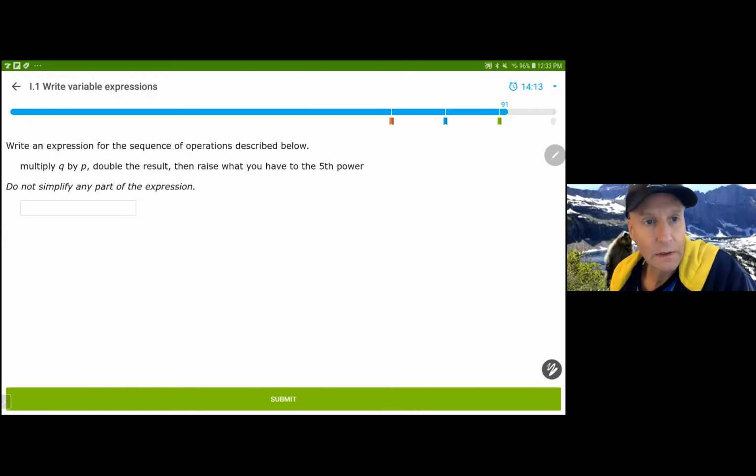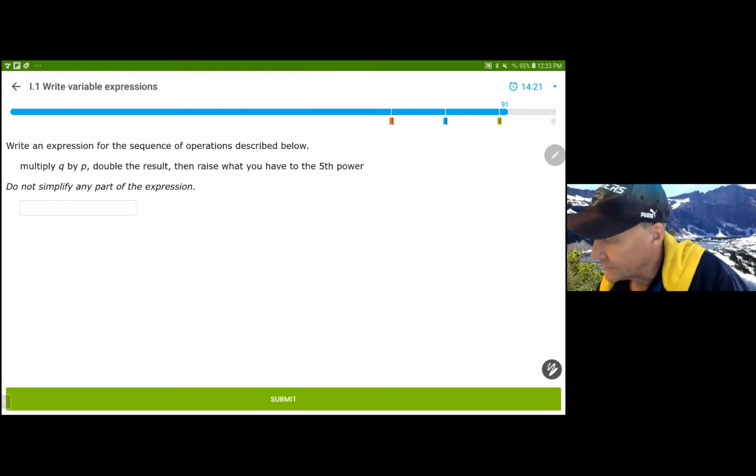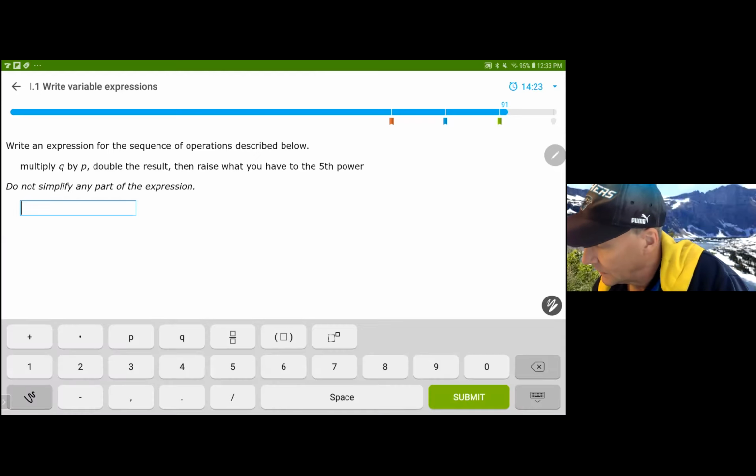Looks like we're moving along, okay. Multiply Q times P, double the result, then raise what you have to the 5th power. So we're going to double the result and then raise it to the power. Very important.